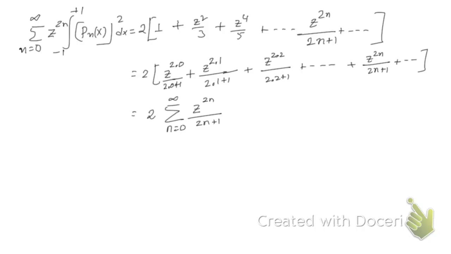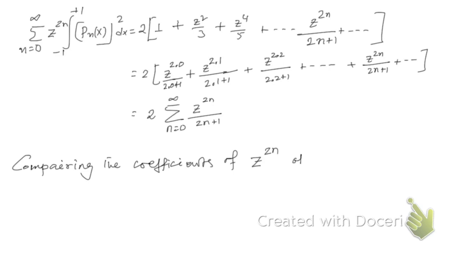Now you can see that if we compare the coefficients of z to the power twice n on both sides.